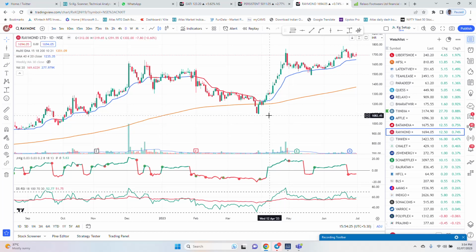But let's just focus on the setups. Always keep it in mind: the AMA line should be as close as possible to the 200 EMA, and the stock price should be close to the 200 EMA. Then we will get a very good low-risk setup with a good upward trend.